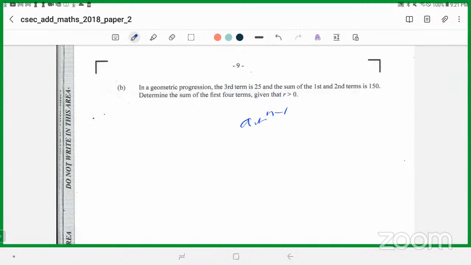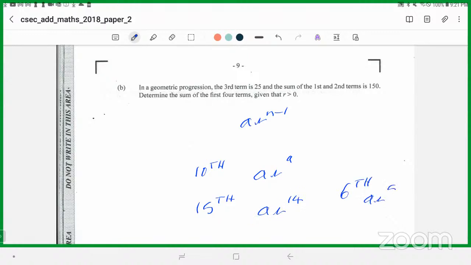So for example, the 10th term of a GP is simply AR to the 9th power. The 15th term of a GP is simply AR to the 14th power. The 6th term of a GP is simply AR to the 5th power.